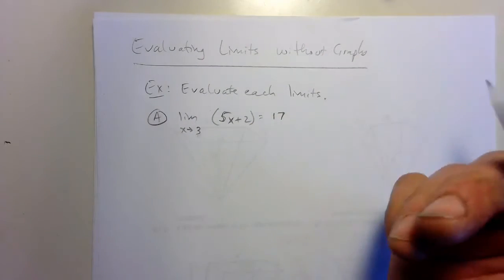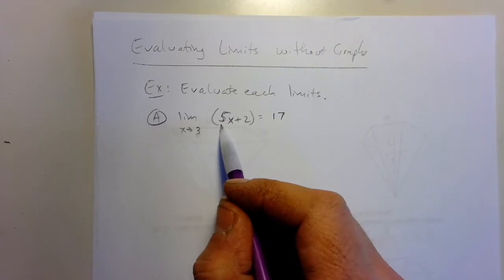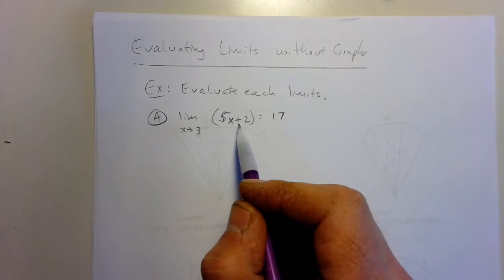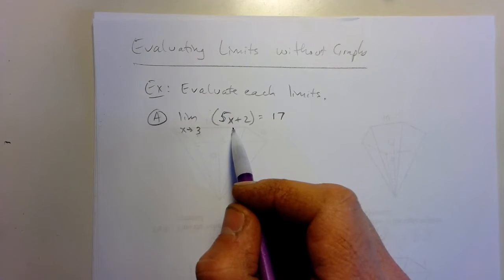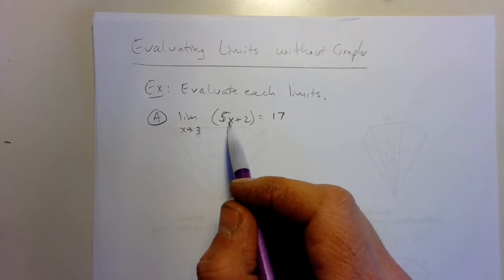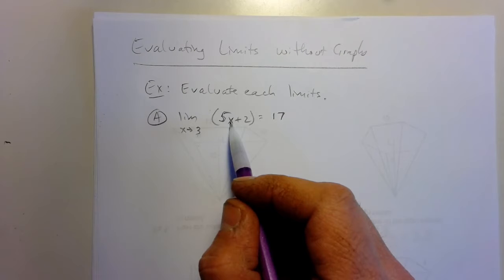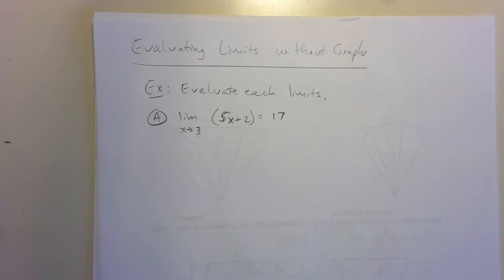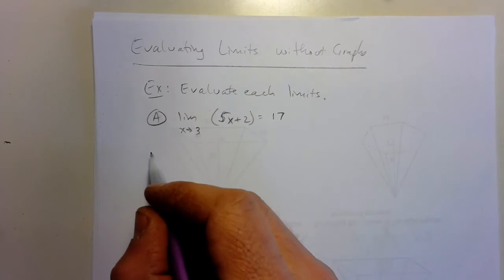You'd be plugging in values approaching 3. From the left it'd be 2.9, 2.99, 2.999, and from the right 3.1, 3.01, 3.000001. Multiply by 5 and then add 2, and we get progressively closer to 17. You could look at a table of values to verify it, but hopefully at this point that makes sense to you.